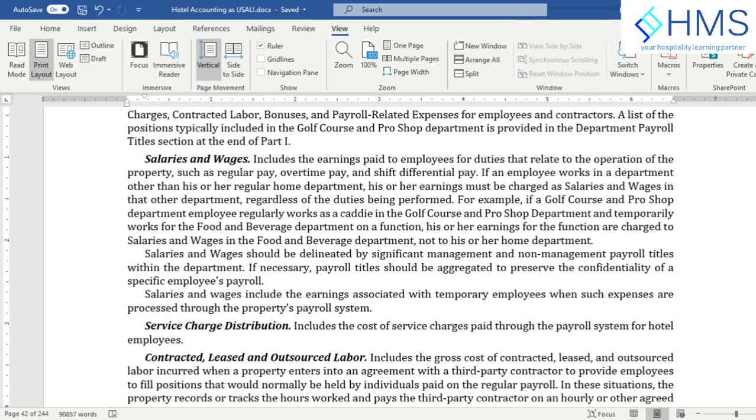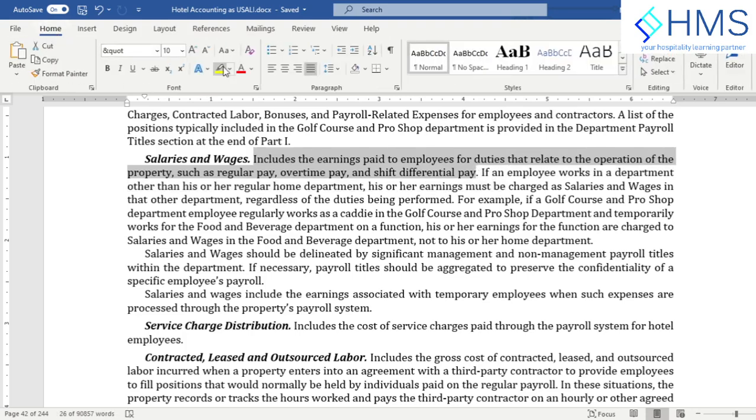So salary and wages, as we have discussed in the past for rooms and F&B as well, includes earnings paid to the employees for the duties that relate to the operation of the property, such as regular pay, overtime, and shift differential. So this labor cost, salary and wages, would include the overtime and the shift differential pay.